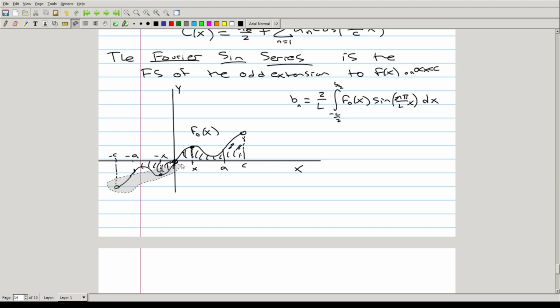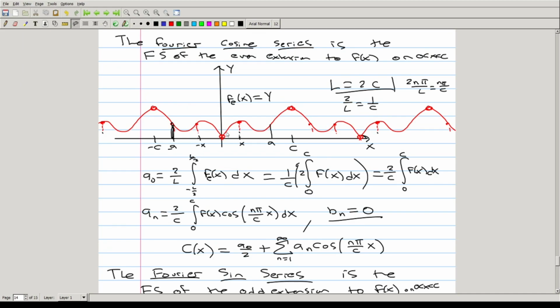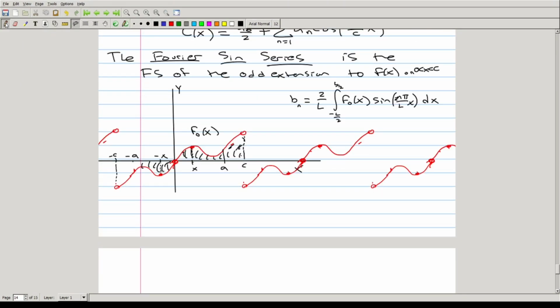So for this function, we expect the Fourier series to converge to this infinitely periodic repeating function, just like the Fourier cosine series, with a period of L equal to 2 times c.